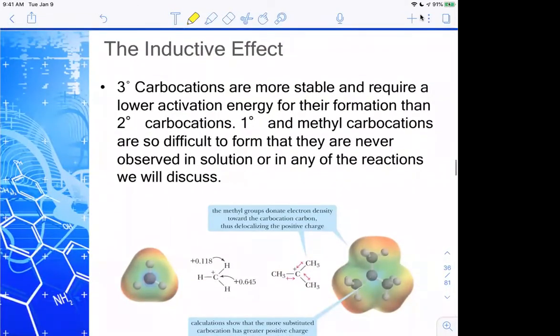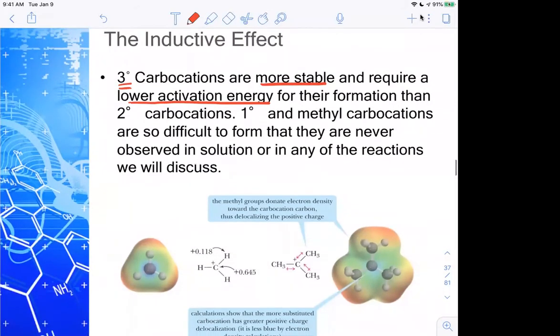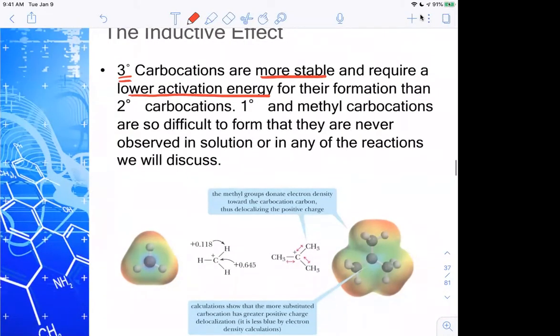So when I think about this, my tertiary carbocations are more stable, and they will have a lower activation energy, which means that they form quickly. Secondary carbocations are next in terms of the order of stability.